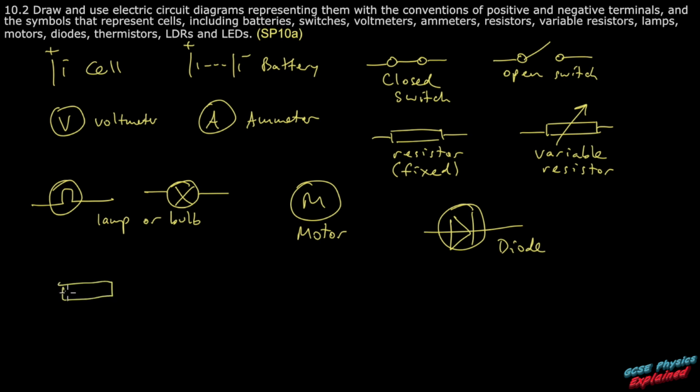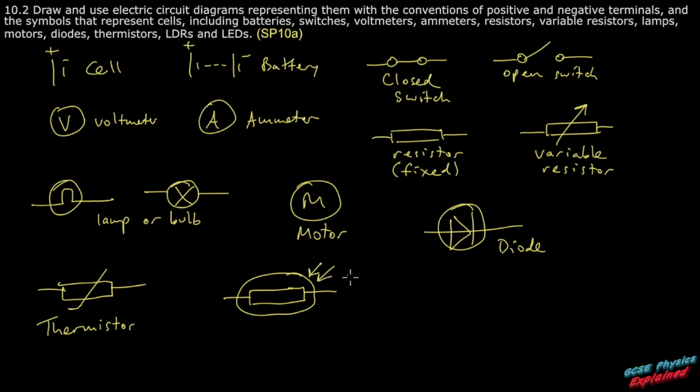Thermistor, it's just a resistor with like a thermometer through it. It changes its resistance as the temperature changes. LDR, so it's a light dependent resistor. So it starts off just as a resistor. Because they go on top of lampposts, better put it in a protective bubble. And then here's the light shining down on it.